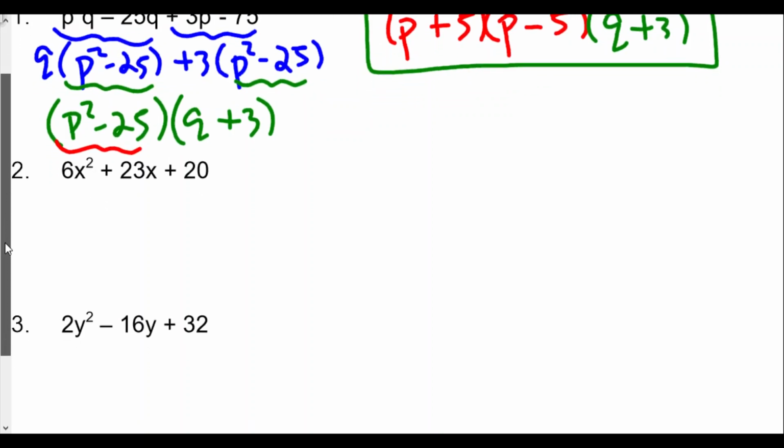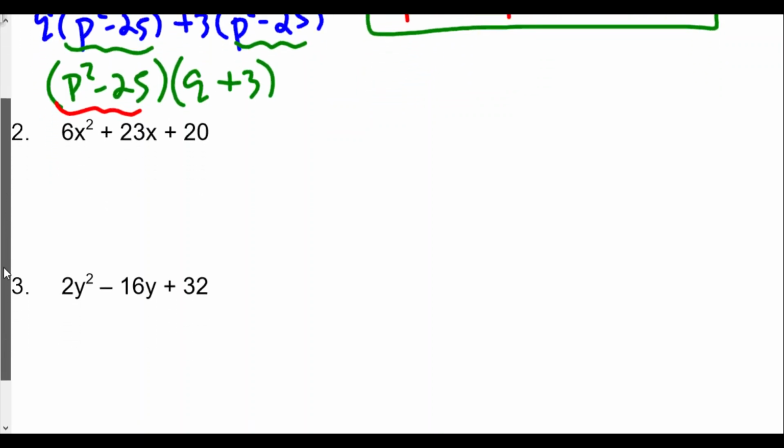For number 2, 6x squared plus 23x plus 20, there's no GCF besides 1, of course. And it's a trinomial, so it's not going to have a difference of perfect squares. But we also notice in this case that the a value for x squared is not 1. So we're going to use that little x chart, where we find a times c, and this is b.